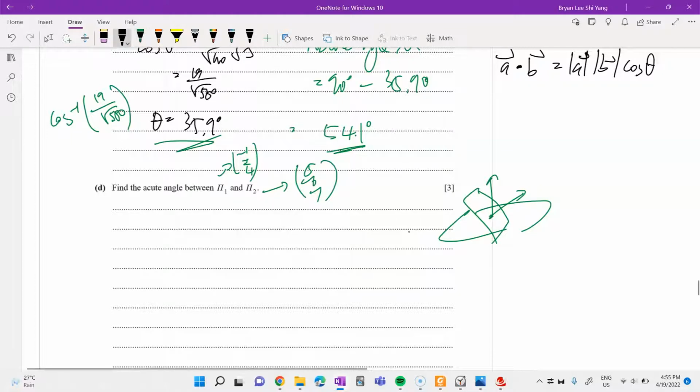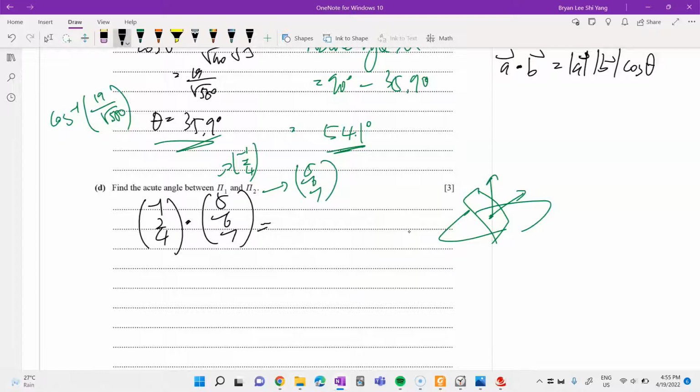So (-1, 2, 4) dot (5, -6, 7) equals the square root of (-1 squared plus 2 squared plus 4 squared) times the square root of (5 squared plus -6 squared plus 7 squared).